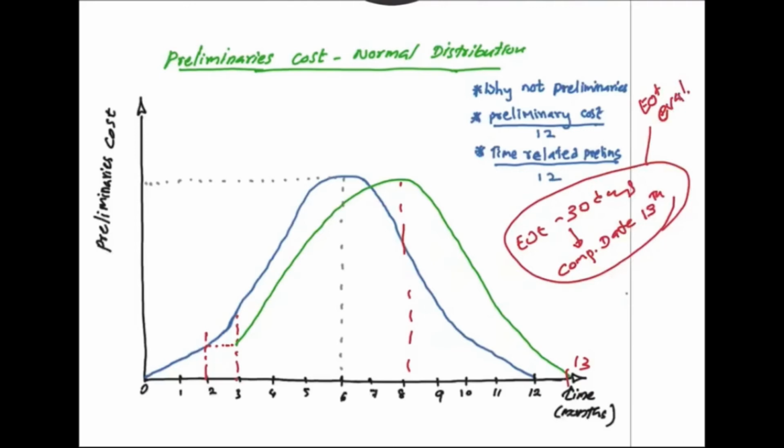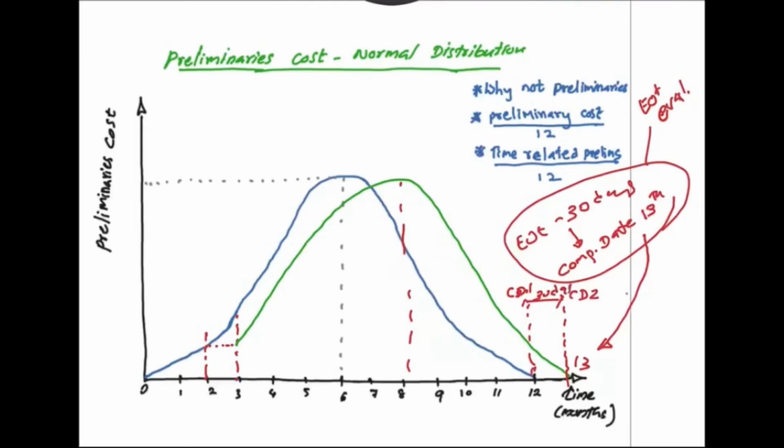When we get the EOT evaluation like this, many people misunderstand it, because they think that the completion date is the 13th month with an EOT of 30 days, which is exactly similar to the difference between the previous completion date and the new completion date, which is 30 days.